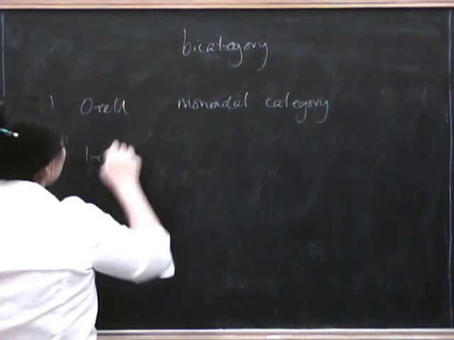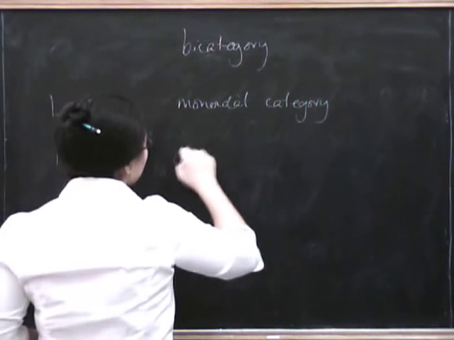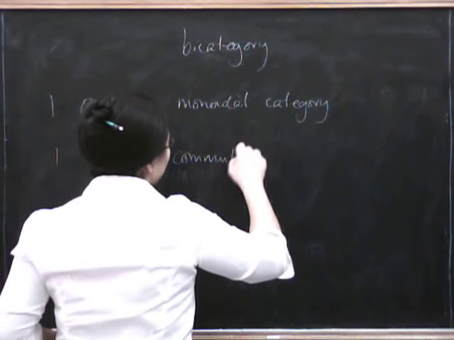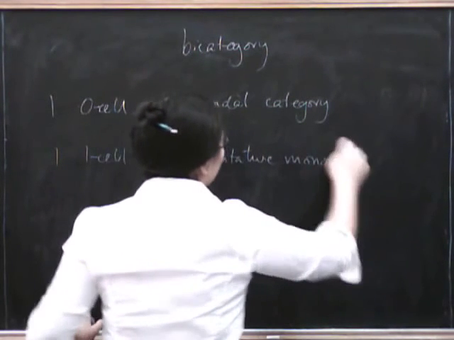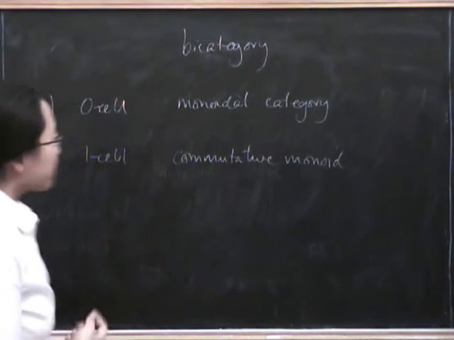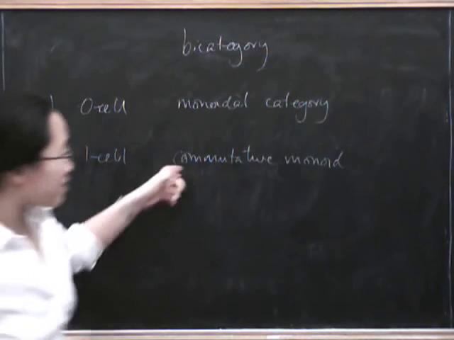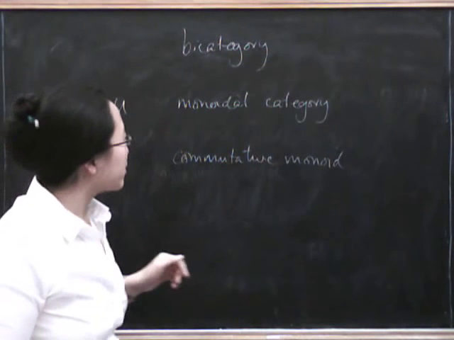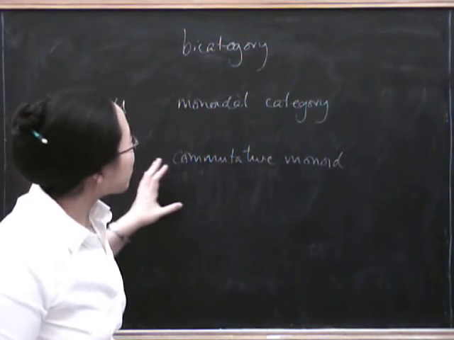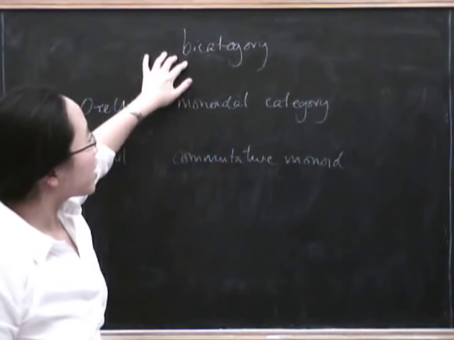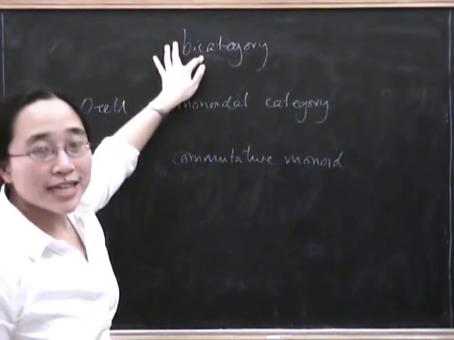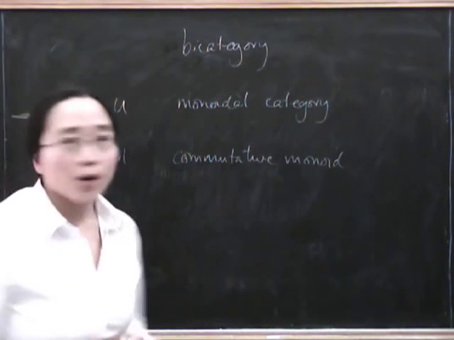And if you have only one 1 cell as well, then what you have is a commutative monoid. You actually get something a little bit more complicated than a commutative monoid because you also have a distinguished invertible element left over from the unit constraint in the bicategory. But I'm not going to go into that now.